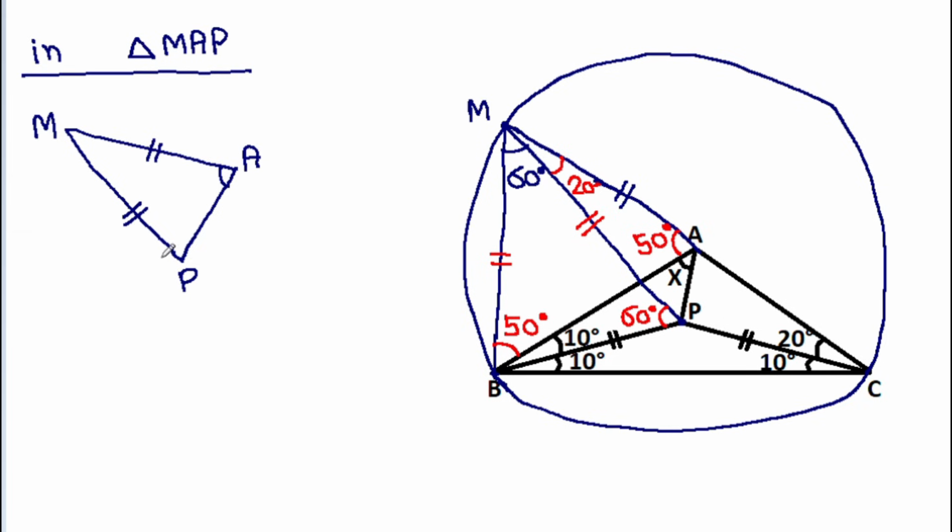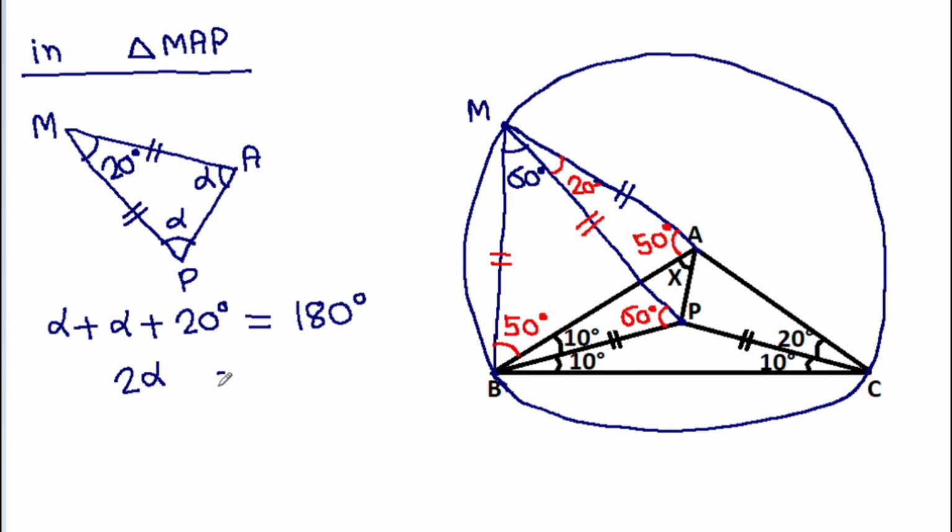That means these two angles will be equal. Suppose alpha, and this angle is 20 degrees. So alpha plus alpha plus 20 degrees will be 180 degrees, and 2 alpha will be 160 degrees. So alpha will be 80 degrees.